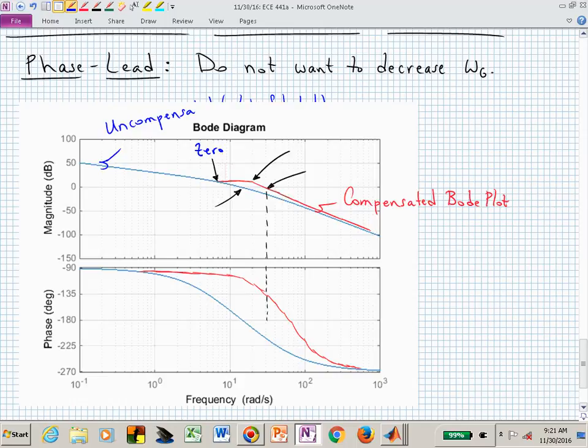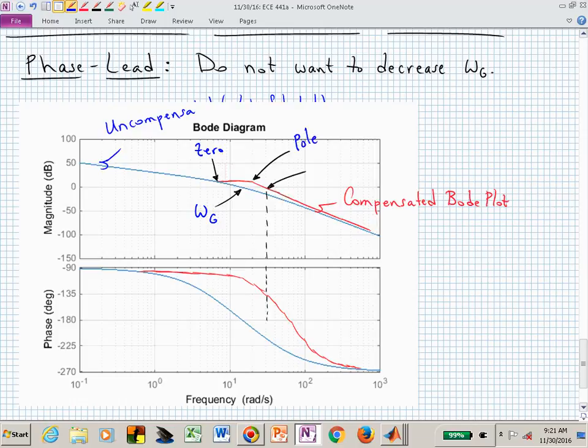Then what's the second arrow pointing to? That's pointing to omega sub g from before. And what's the third arrow pointing to? That's where we have our pole of our compensator.